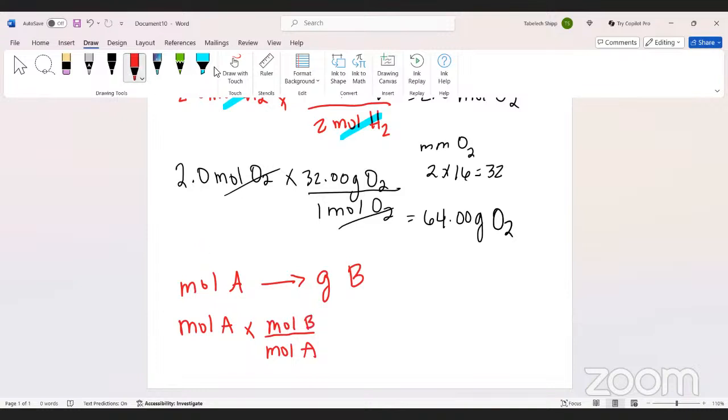Then you cross out the units of moles of A. Then you go to the next part: moles of B on the very bottom, and grams of B on the very top. Again, you can cancel out your moles of B. So the thing you have to remember is that whatever you start with, you want to put on the bottom so they can cancel each other out.